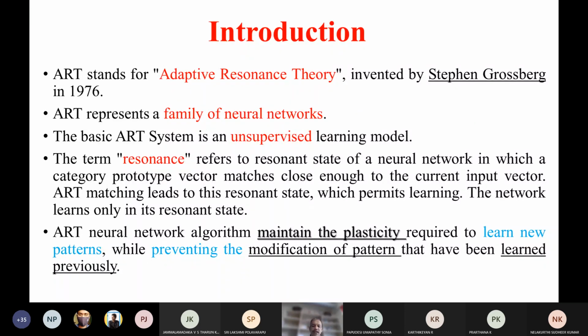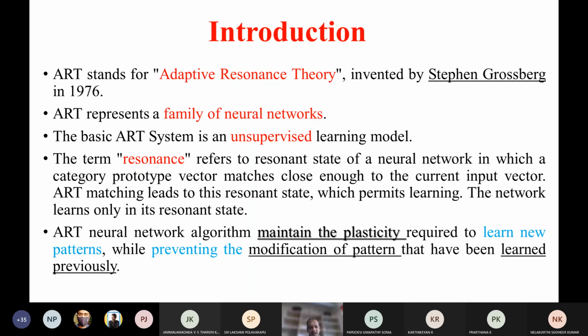Before entering into the stability-plasticity dilemma, we need to know one more terminology called resonance. Resonance refers to the resonance state of a neural network.